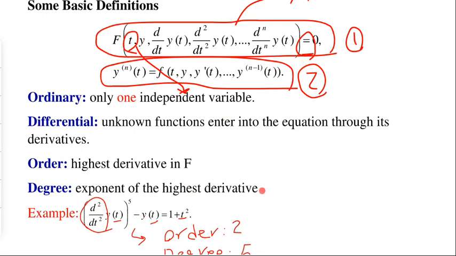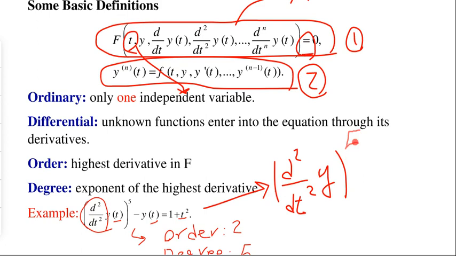You can use the first format if you write in this shape: d2/dt2 of y to the power of 5, minus y minus 1 minus t2 equals 0.